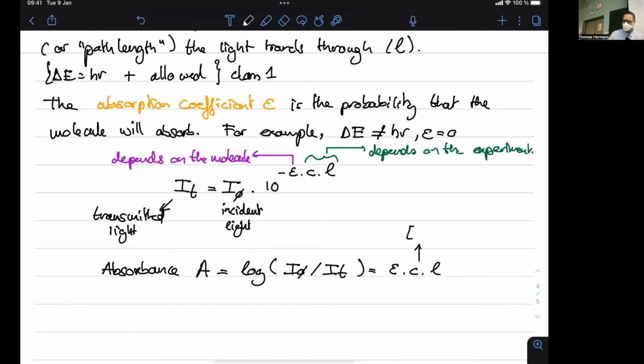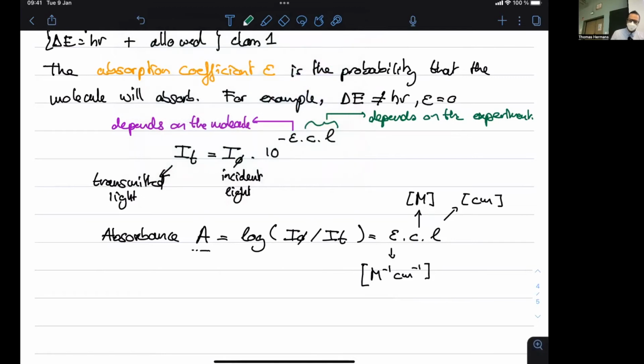Concentration is in molar. Path length is in centimeters. Because absorbance is dimensionless, the molar absorption coefficient has to be per molar per centimeter.